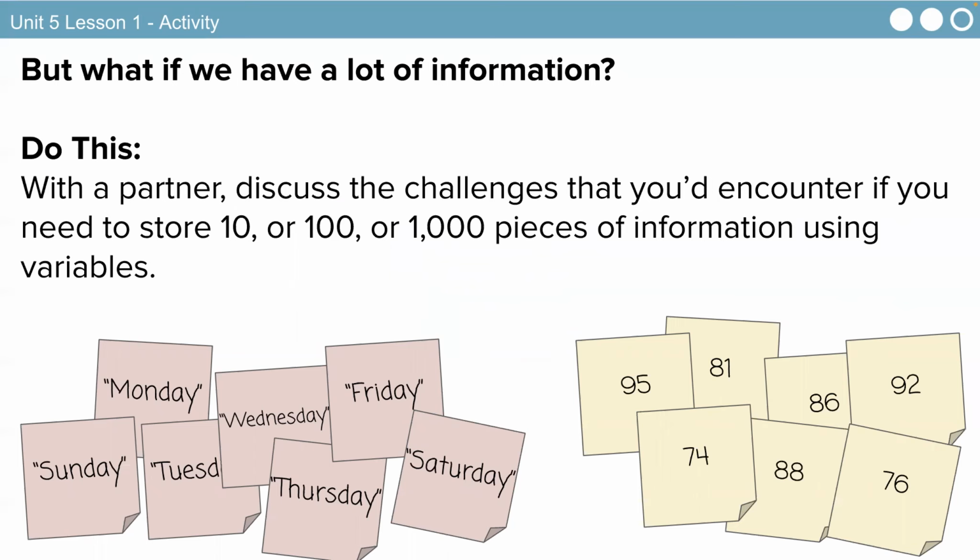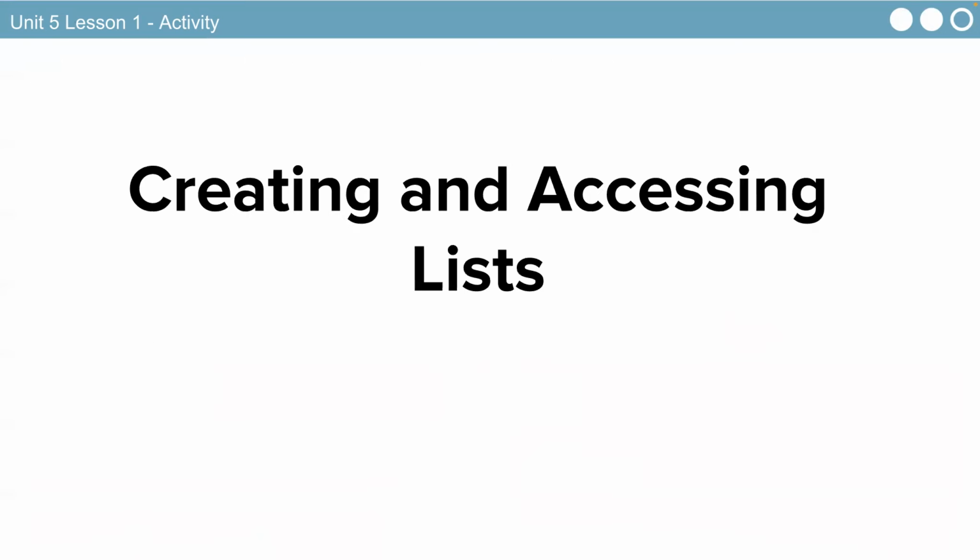I could make 7 variables for 7 days of the week, or I could make one list. I could make 100 variables for the 100 students that I have, or I can make one list of 100 students. It's like a variable that holds multiple pieces of information. So this is how we create and then access the data.